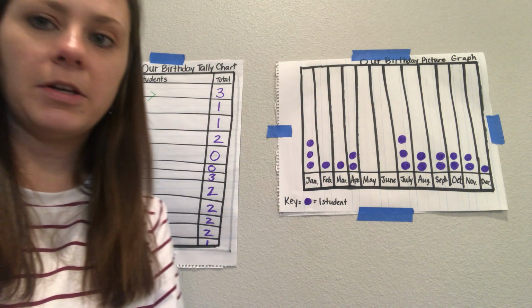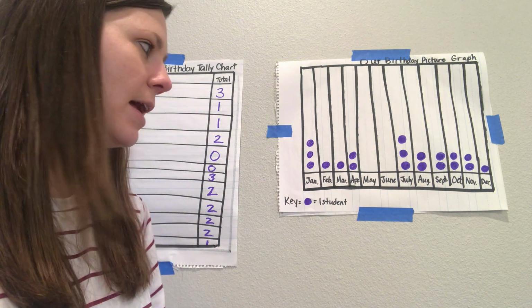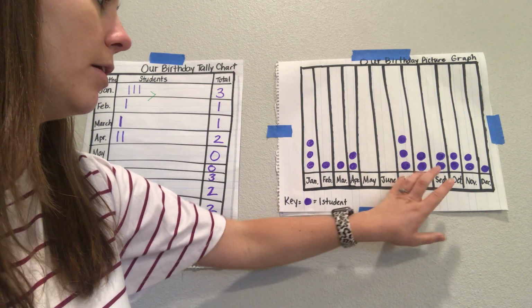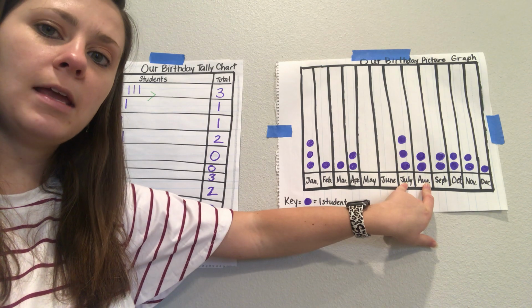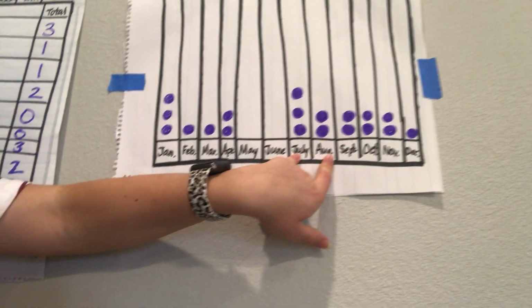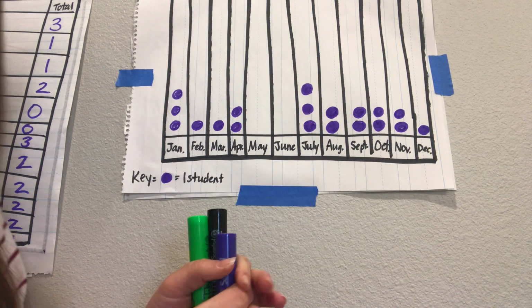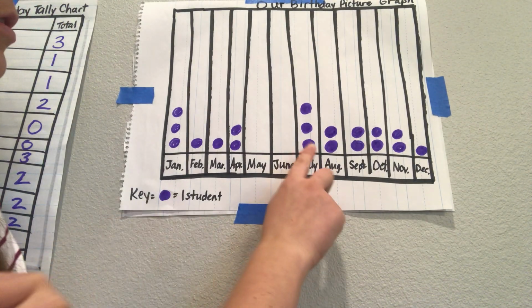All right, one more question. How many more students had a birthday in July than in August? So here we are at July and August. When we do how many more type questions, we have to compare.